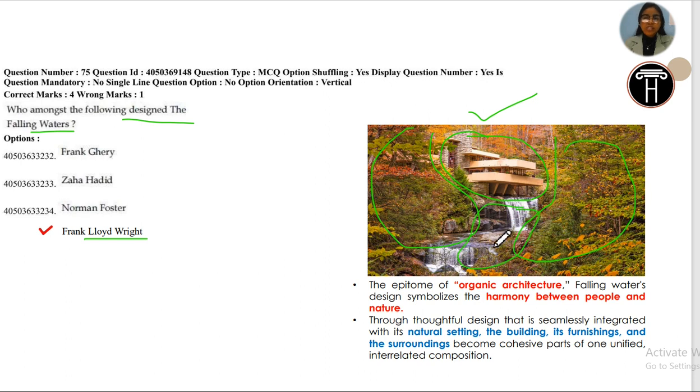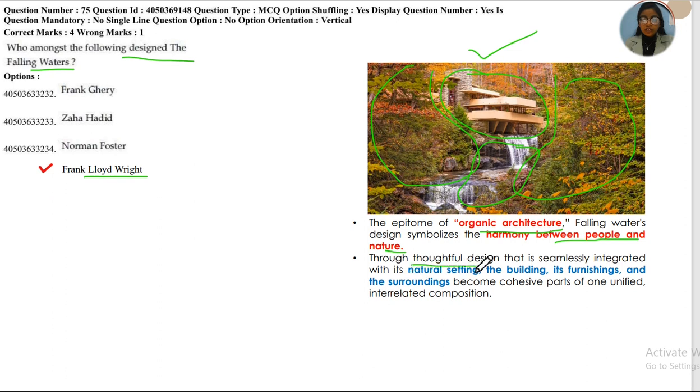The basic concept behind it was organic architecture, which means it shows the harmony between people and nature. It is a thoughtful design that is seamlessly integrated with its natural setting; the building, its furnishings and the surroundings overall became a cohesive part of one unified, interrelated composition.